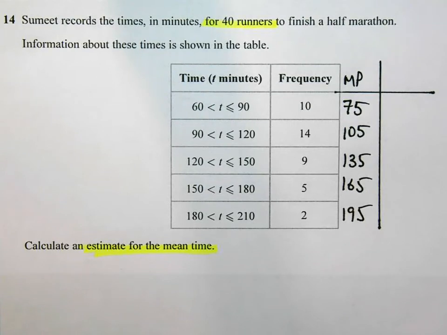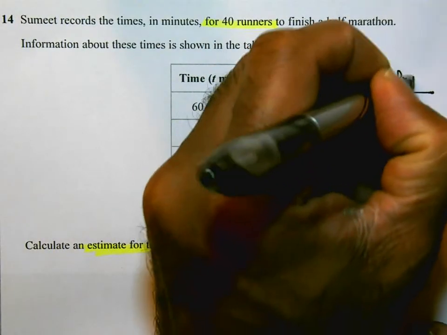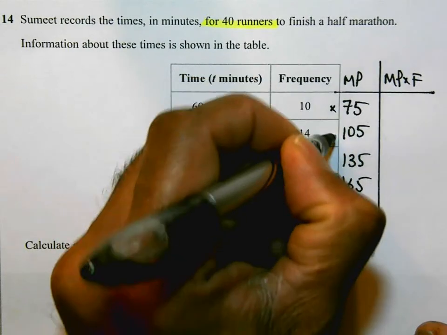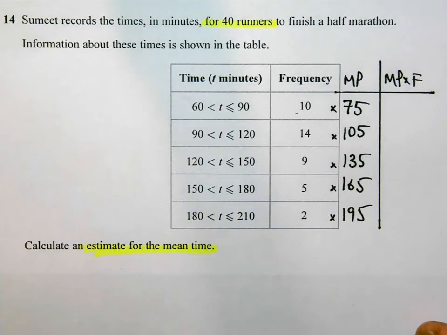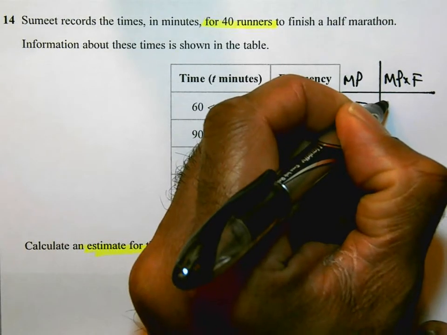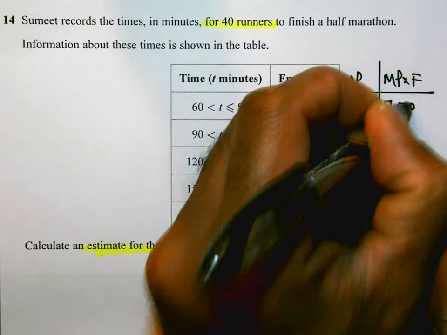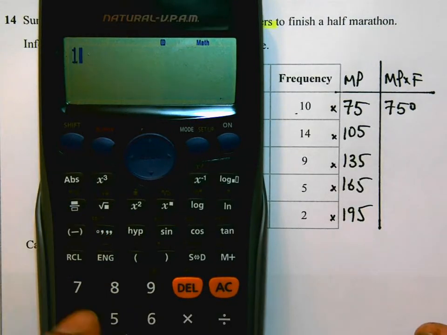I'm then going to do the midpoint times the frequency, times the midpoints and the frequencies together, these here. For some of them I need my calculator. For the first, 10 times 75 is 750. The next one, 14 times 105, that's 1470.